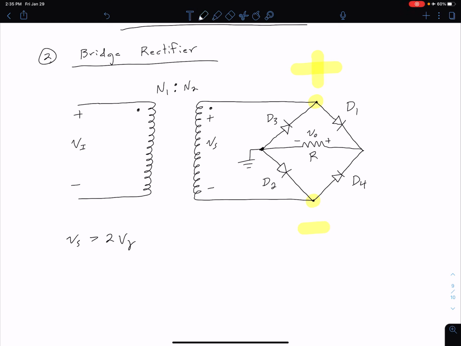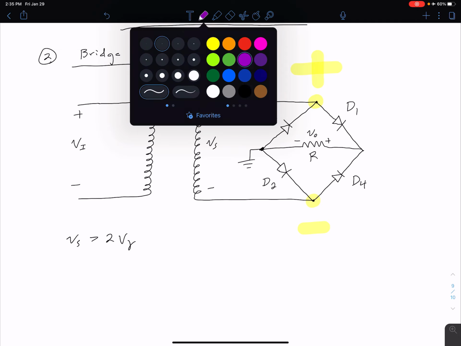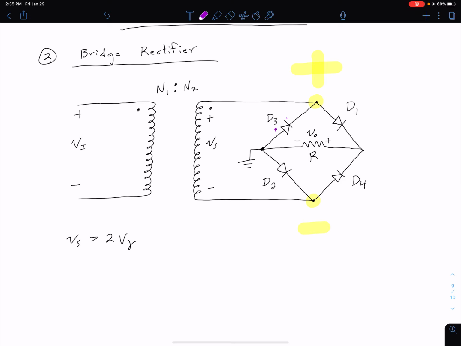Again, we can always come back to our diodes and think about the P-N junction. So we have P-N, P-N, P-N, P-N. Remember, for a diode to turn on, our P side has to be more positive than our N side, and it has to be V gamma more positive than our N side.